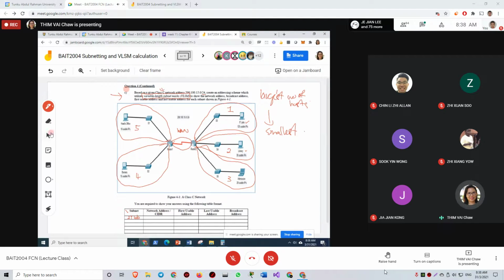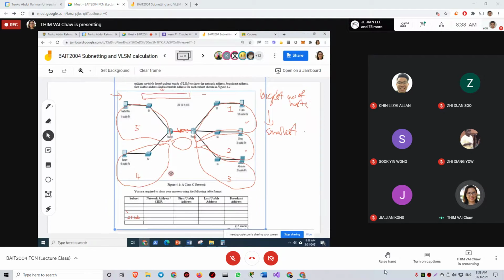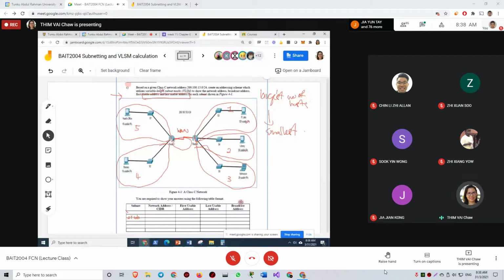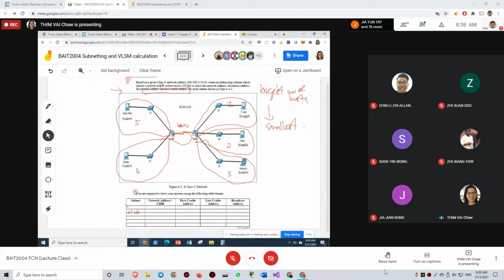Let me adjust this higher a little bit. Sorry, I did not do it from here. So this one will be the IT lab. For the network address, we do this one first.